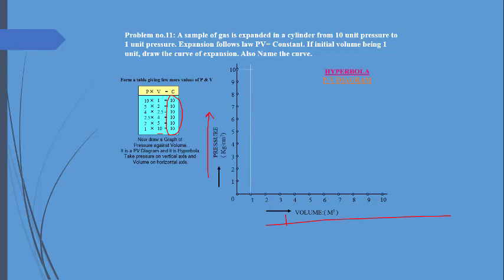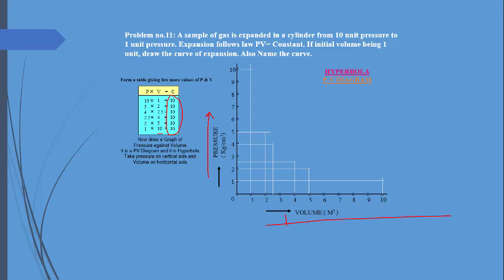If the pressure value is 10, volume will be 1. If pressure is 5, volume will be 2. If pressure is 4, volume will be 2.5. If pressure is 2.5, volume will be 4. If pressure is 2, volume will be 5. If pressure is 1, volume will be 10.